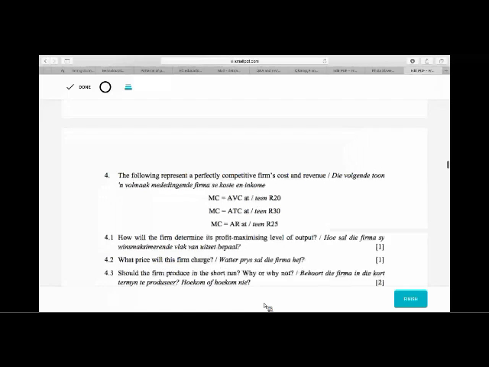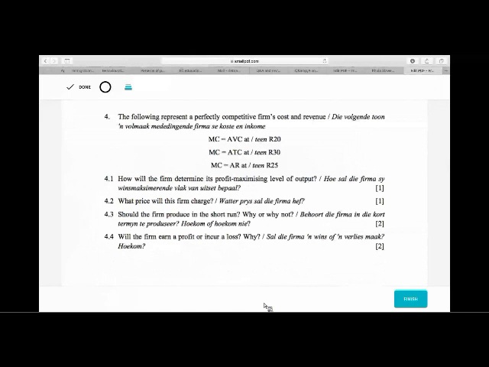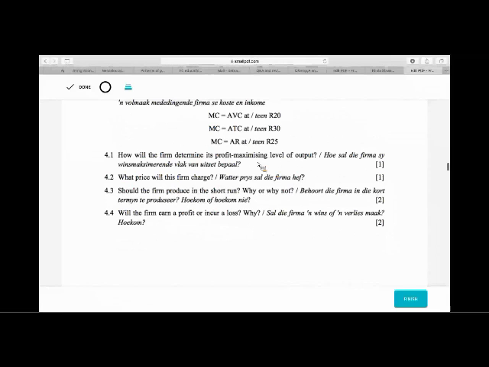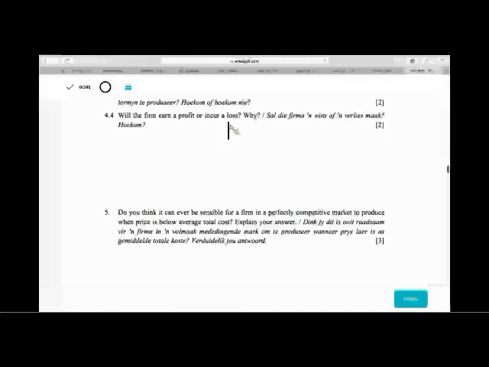So it tells us that MC is equal to AVC at 20 Rand, MC is equal to ATC at 30 Rand, and MC is equal to average revenue at 25 Rand. So I'm going to put this information into a picture. So we have an MC curve, and that's the general form of it.